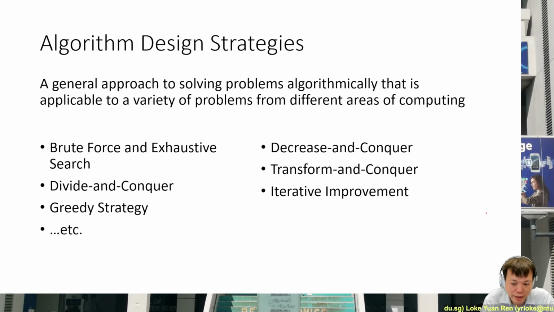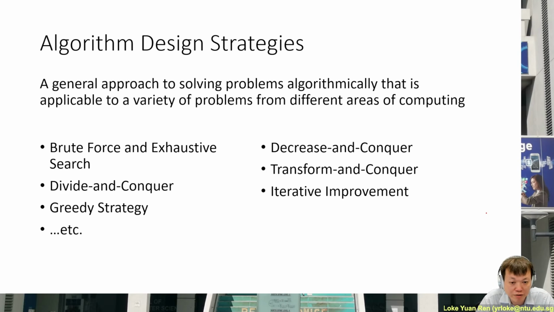Transform and conquer, you have learned about it. It's like when we covered the AVL tree in binary trees, or when we covered the mathematical expression conversion from infix to prefix. Instead of using this format to solve the problem, I transform my input to another format. Then I solve it, and I will find that the efficiency improves.